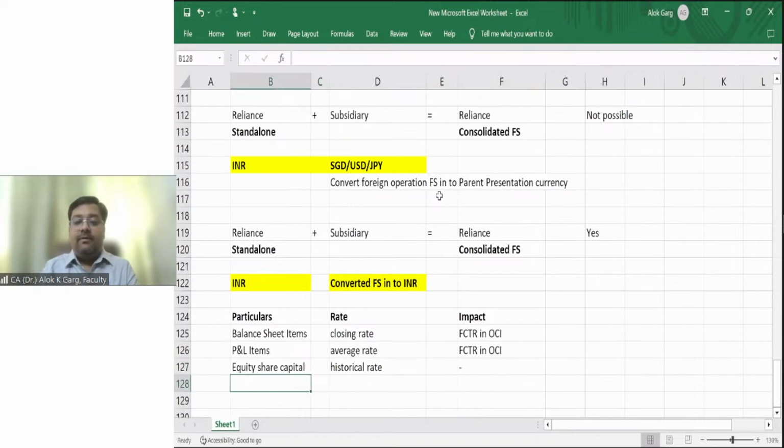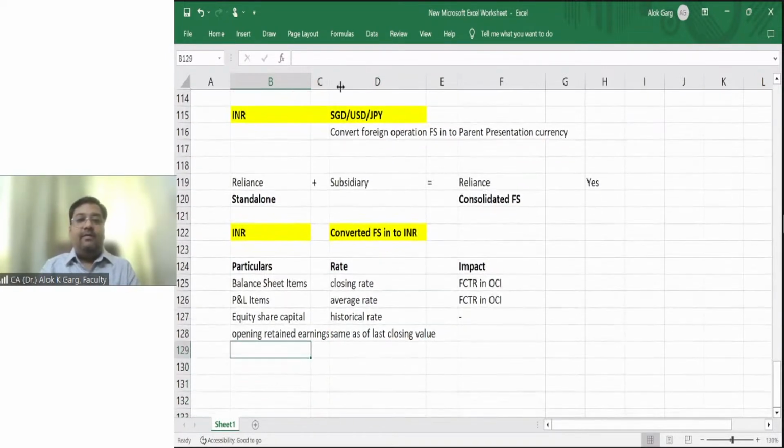Equity share capital. Retained earnings: opening retained earnings is an accumulation of the profits of different years, so opening retained earnings will be the same as the last closing value.